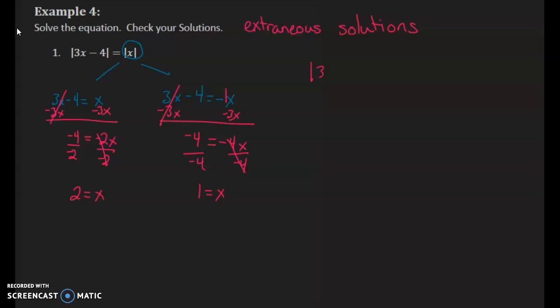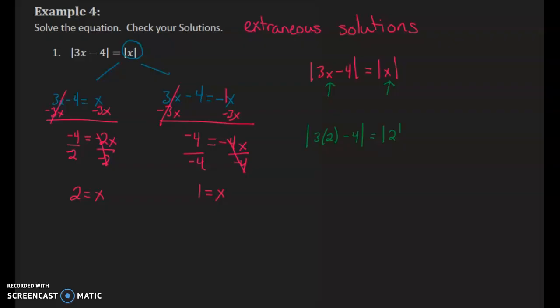So what we're going to do is we have the absolute value of 3x minus 4 equals the absolute value of x. So I'm going to take my first answer, which was 2, and plug it in everywhere I see an x. So I'm going to have 3 times 2 minus 4 inside absolute values.